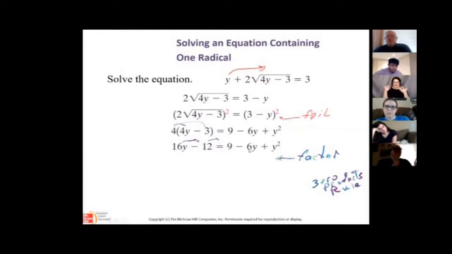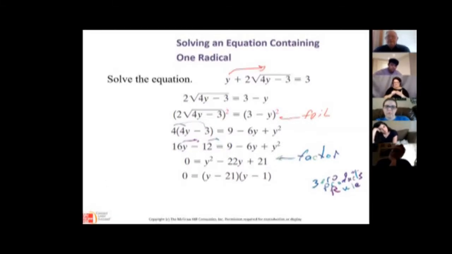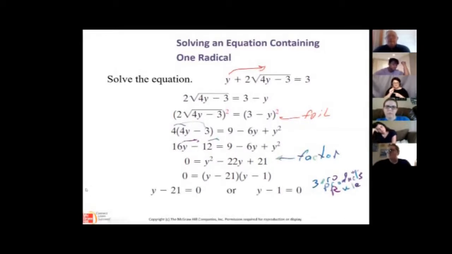So I take the 16y over here, I take the -12 over to the other side, and end up with this quadratic. We've got to factor it. It factors into these two terms. Now we're going to use the zero product property, which creates two problems out of these. This or that.